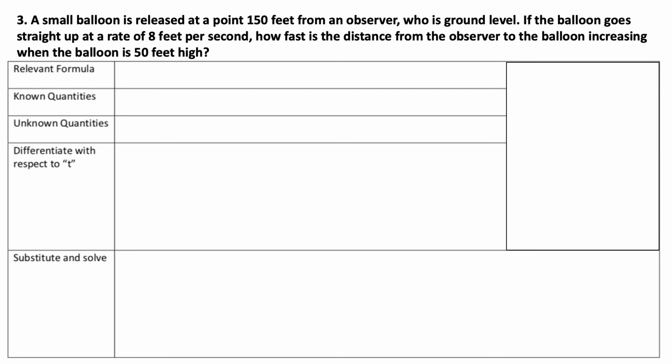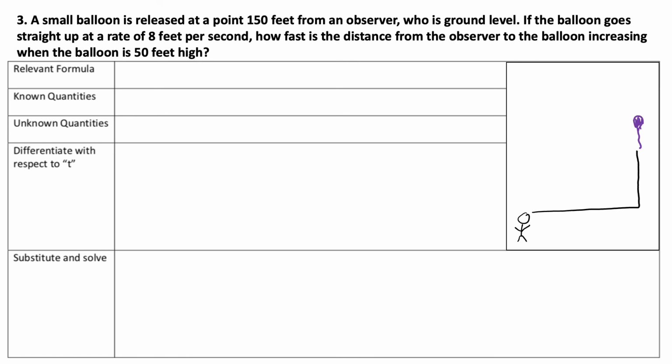So I have a small balloon. It's released at a point 150 feet from an observer who is at ground level. So here is my observer. I am 150 feet from the observer and then obviously floating up because I am a balloon.